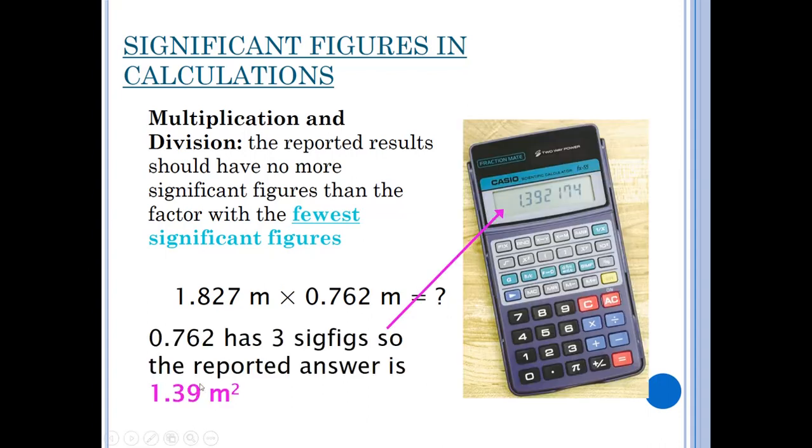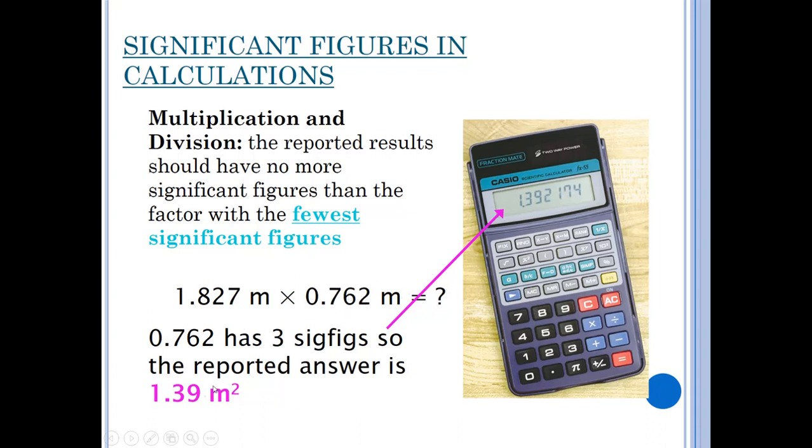Okay, 0.762 has 3 significant figures, so the reported answer is 1.339 meter square. Here is 4 significant figures and here is 3 significant figures.